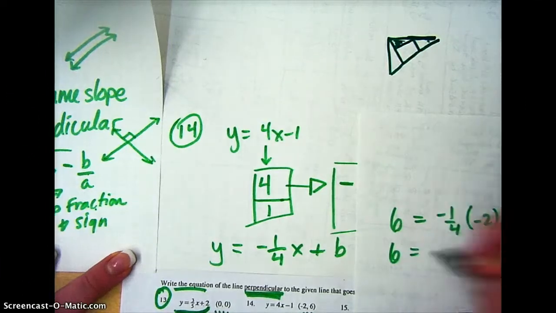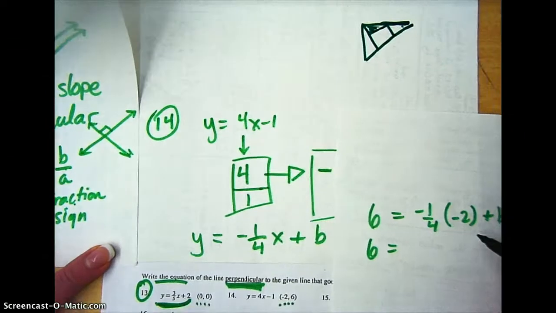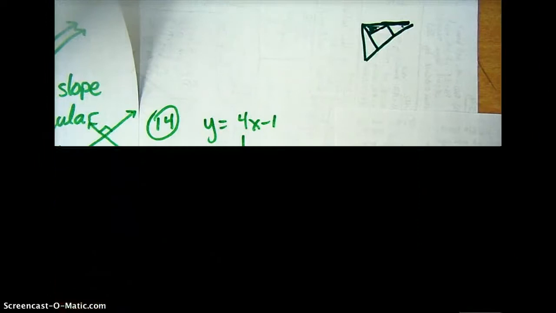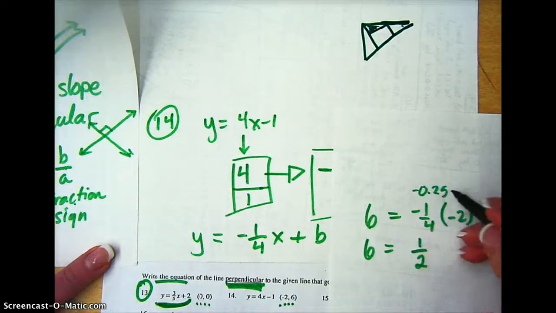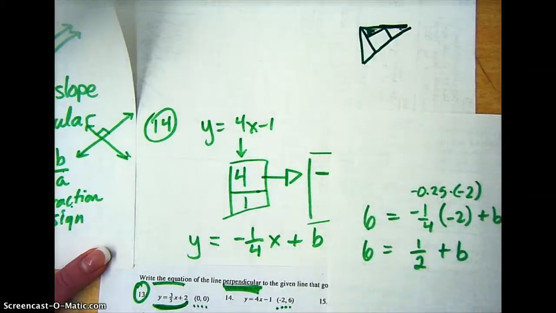So 6 equals negative 1/4 times negative 2 plus b. Negative 1/4 times negative 2 is positive 1/2. If you're not sure about that, try to use your calculator. Don't be afraid to change this to a decimal. Think about money. Quarters and money we're really good at.